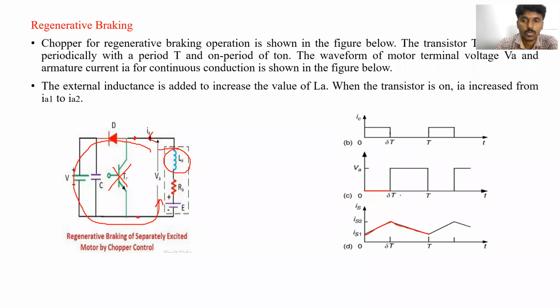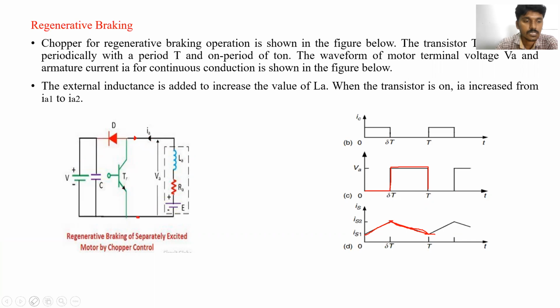So the output voltage is present when the switch is off, and the output current is still flowing, but its magnitude decreases from the maximum value to the minimum value. Is it clear? And again, the switch is turned on.